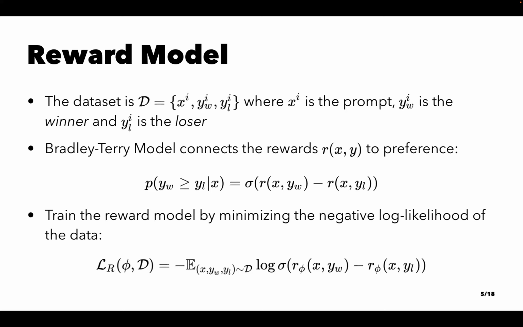So the reward model, as I said, is basically an LLM where you chop off its head and then you add a linear layer that outputs some score. And then your preference model, the model of which output you prefer, is given by this simple goodness function here.